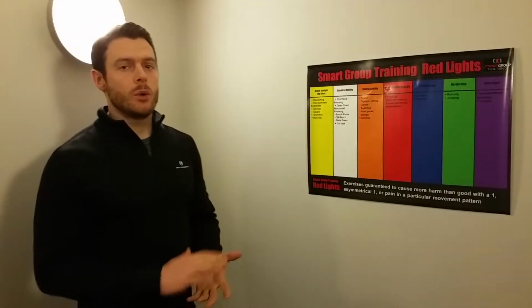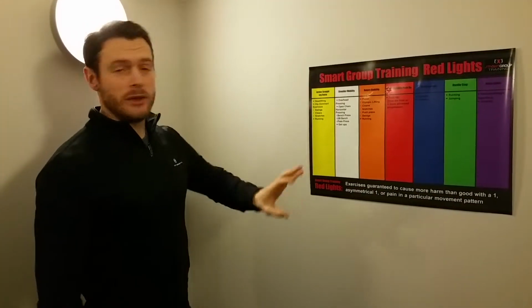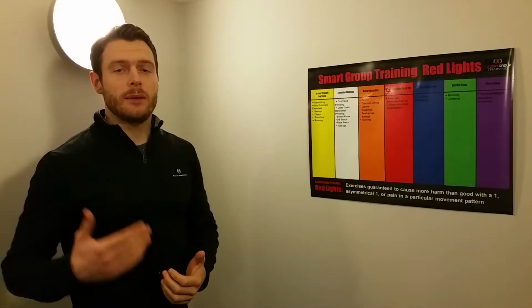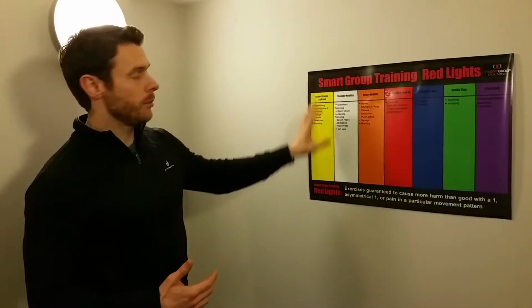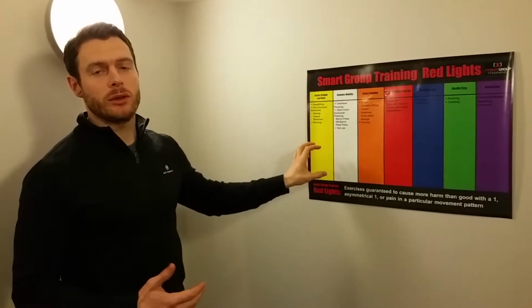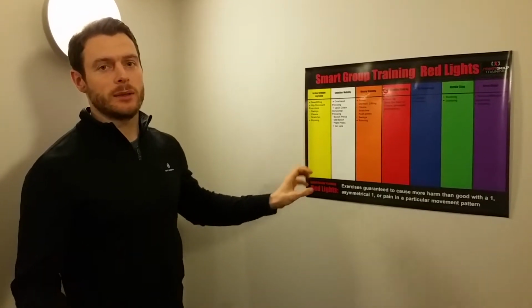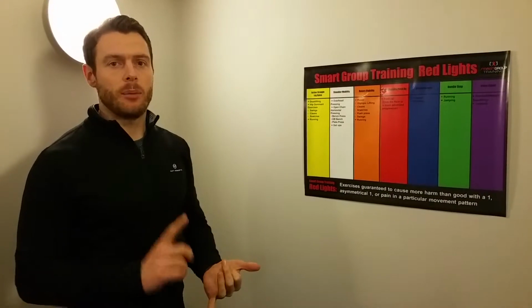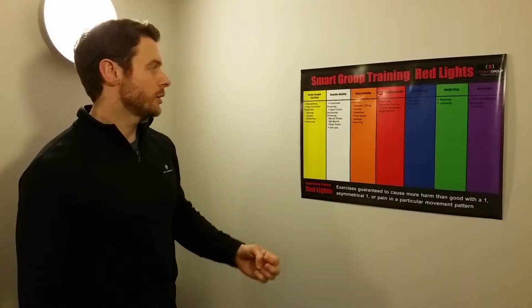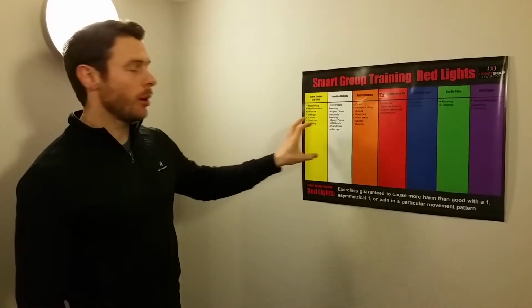You don't want to leave that out forever, but what we want to make sure that we do is get them to a point where those problem areas in that screen are corrected, so that we can make sure that that movement isn't being affected by poor patterning or inappropriate mobility in that area.